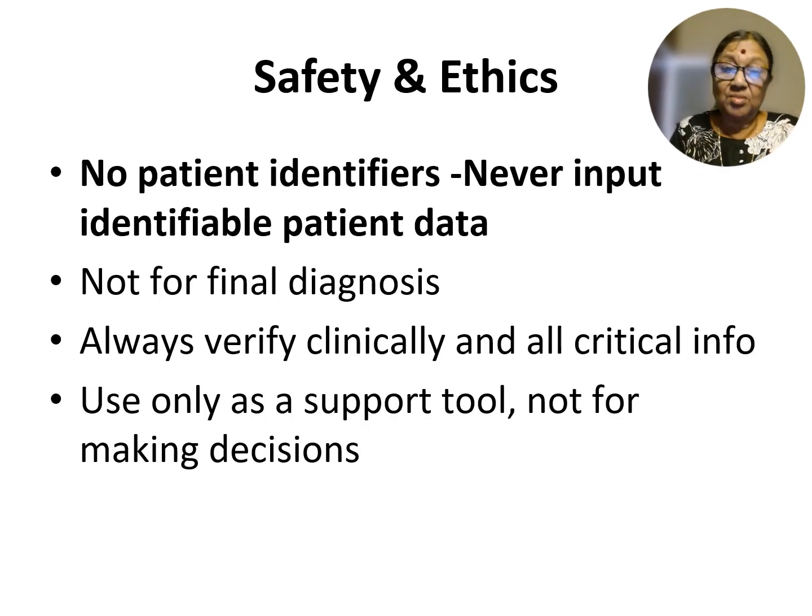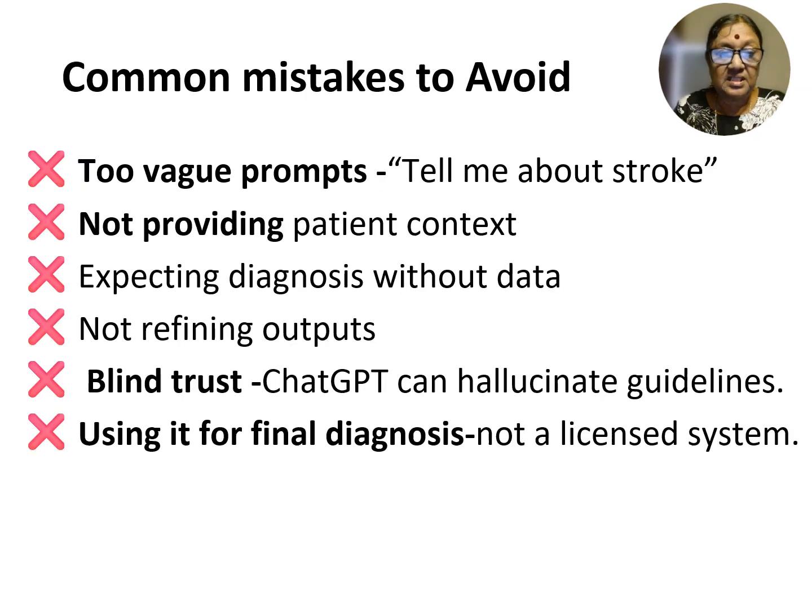Safety and ethics are also particularly important. So in no place should you give the patient identifier, and it should never be used for final diagnosis. And you have to clinically verify all information, especially critical information. It is only a support tool and it cannot make decisions.